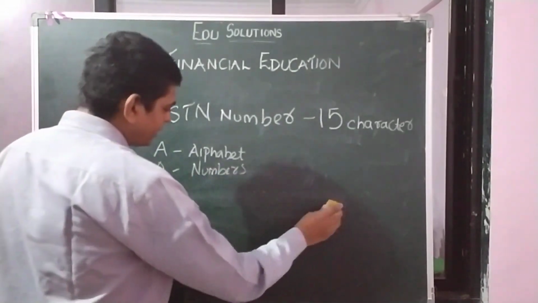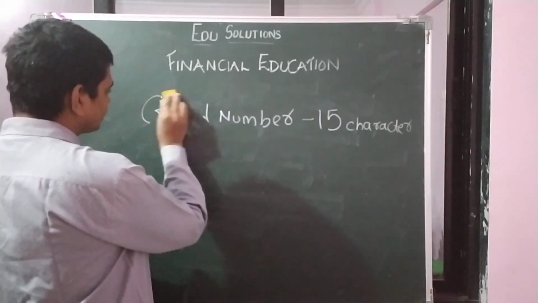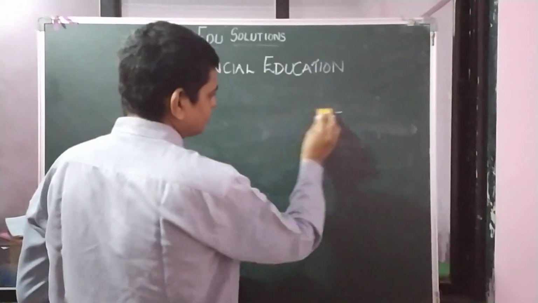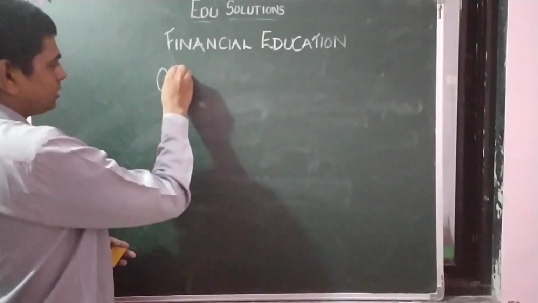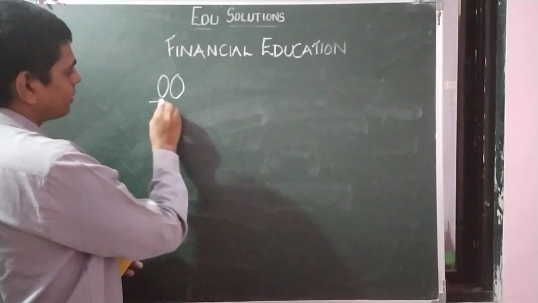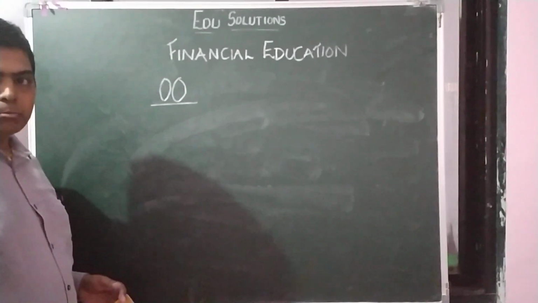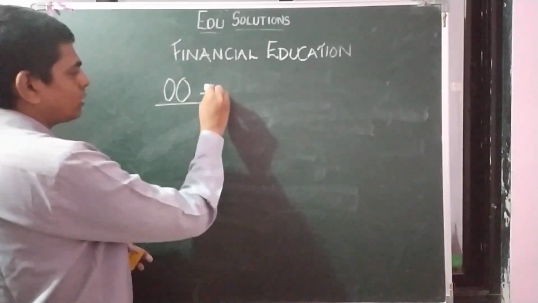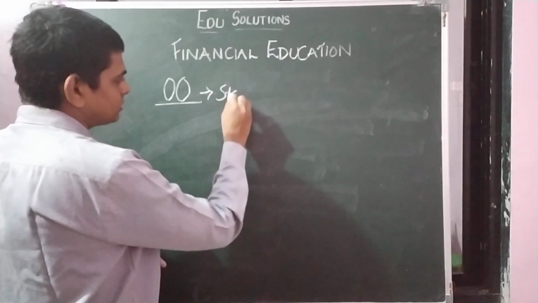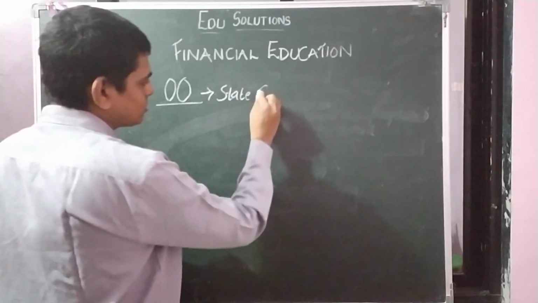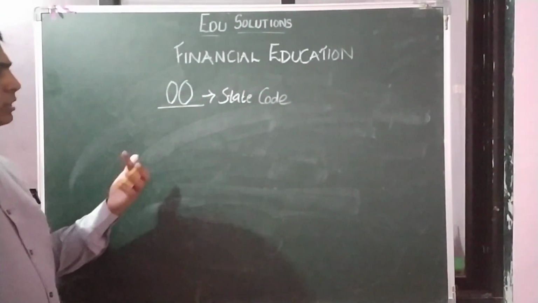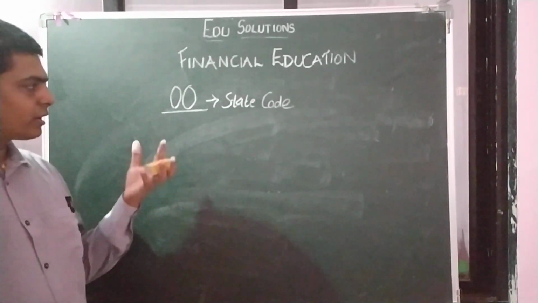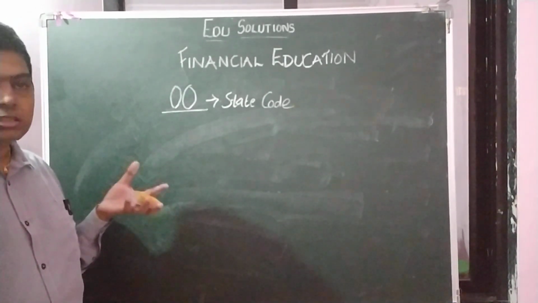So let's decode this 15 digit number. What does it denote? First of all, let's group it. The first two are numbers. These two numbers denote the state code, which means the GST registration happened in that particular state.